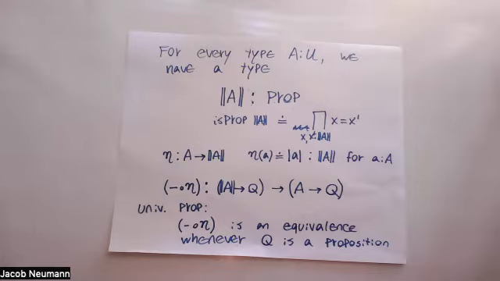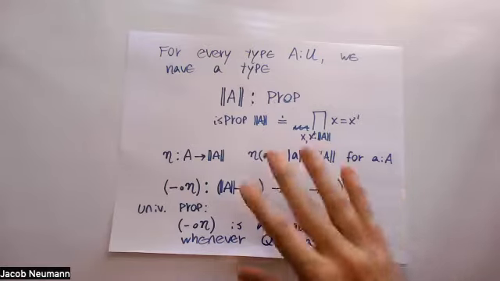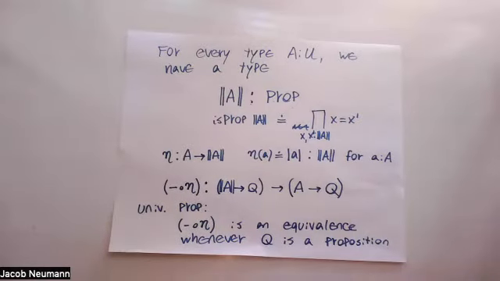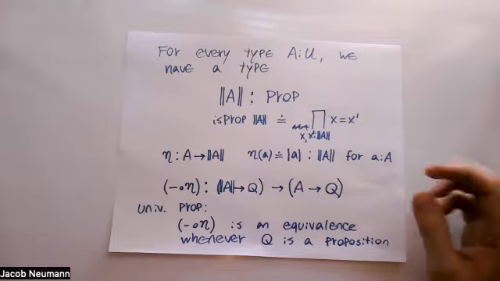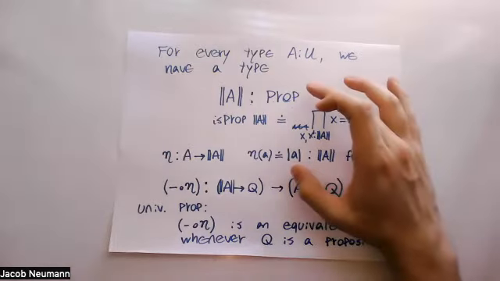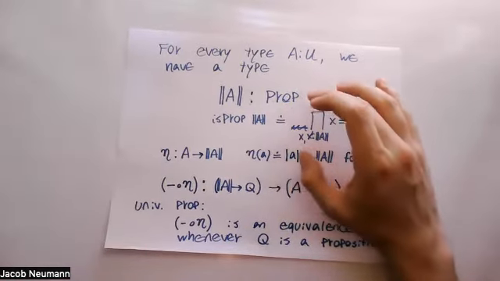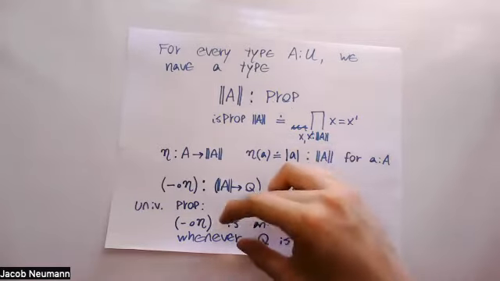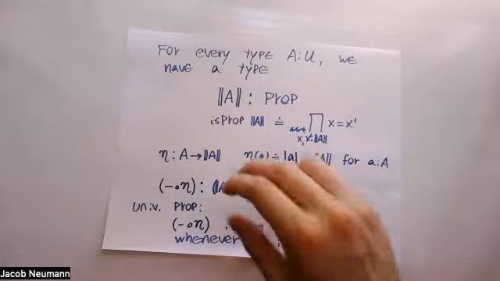How he defined it was that, given a piece of data like this, a type and a map like this, we can say that pair is a propositional truncation for A if it satisfies this universal property.